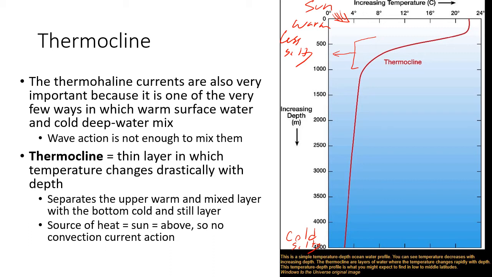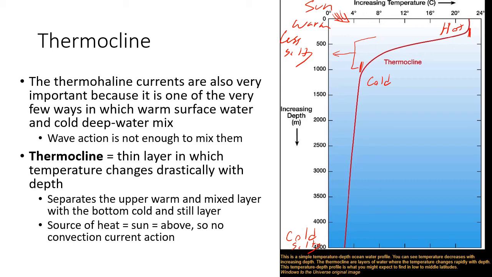We have an area that is like 22 degrees Celsius and an area that's about 6 degrees Celsius, and they're only separated by about, I don't know, 500 to 750 meters. That's a very short depth. And when you have such an extreme of cold and hot waters, they're going to resist mixing with one another. So they're not even going to mix in this region of the thermocline.